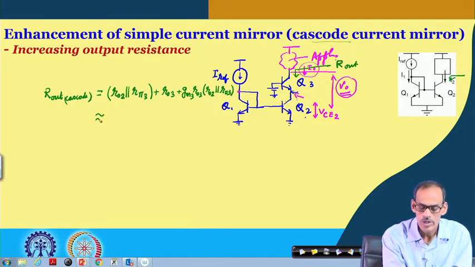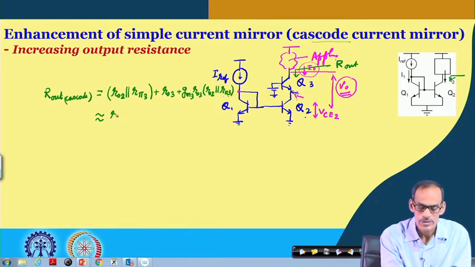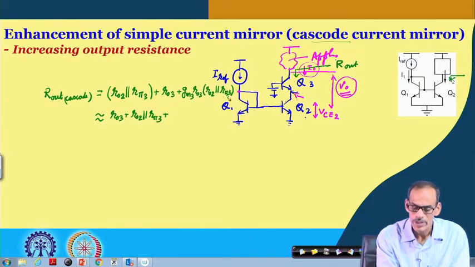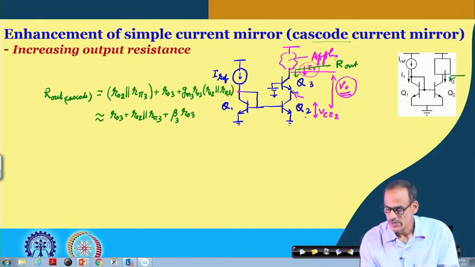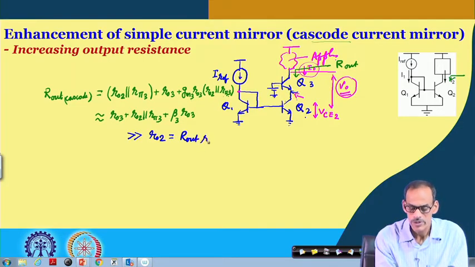In fact, this can be well approximated by R pi 3 here, so we can say this is R O 3 plus R O 2 in parallel with R pi 3 times G M 3 R O 3, and this part we can say is beta 3 into R O 3, which is definitely much higher than R O 2, the output resistance of the simple current mirror.